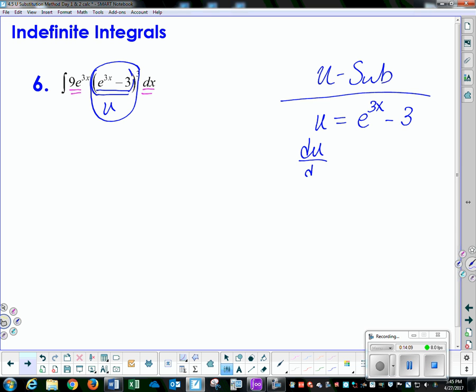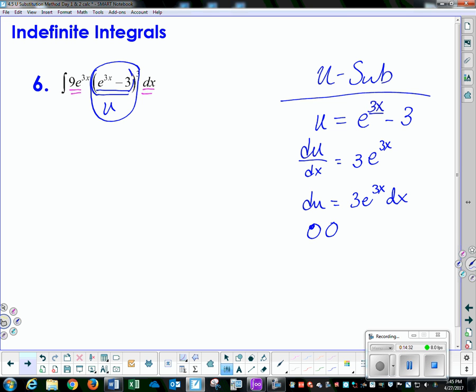So I get du dx is equal to e to the 3x minus 3. Now the derivative of the upper function will be a 3 because that's a chain rule, and then I'd have minus 0. All right, let's multiply up by dx. So du equals 3 e to the 3x dx. It's comparison time.